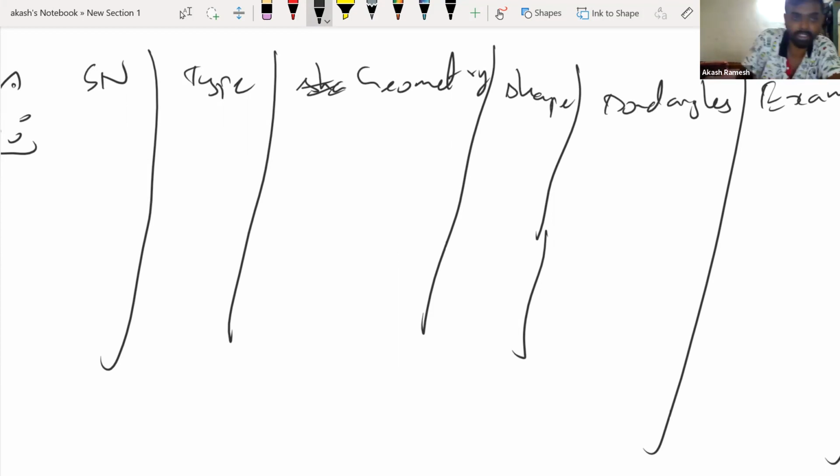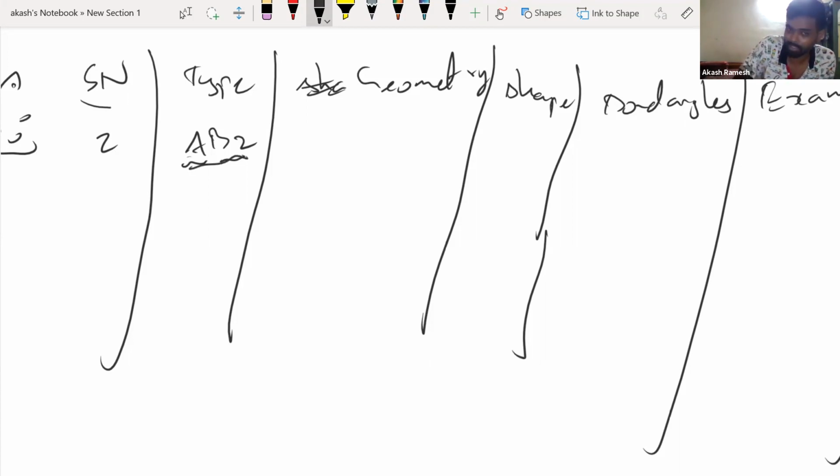Right. So now the first entry we can include: steric number 2, which we saw, and the only type possible is AB2. You saw A is the central atom and B is the bonding atom: CO2, BeCl2, C2H2. In the C2H2 case, one carbon and one hydrogen were the bonding atoms. So when you have steric number 2, the only possibility is AB2.